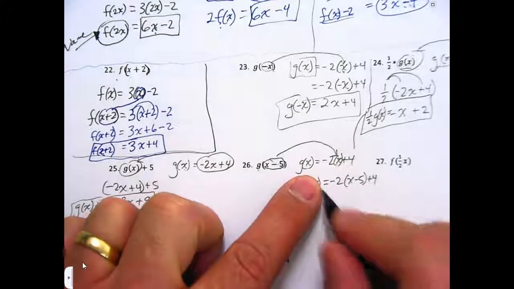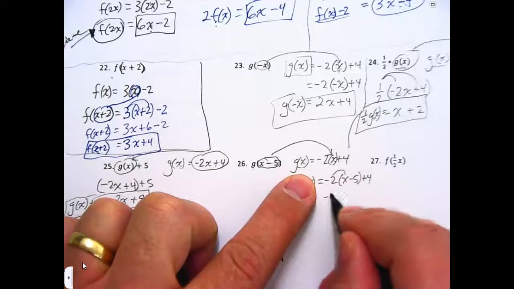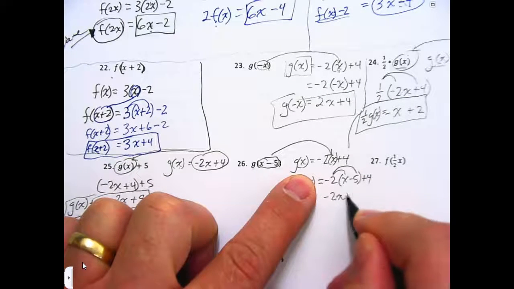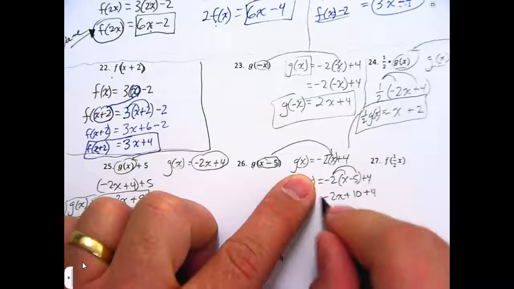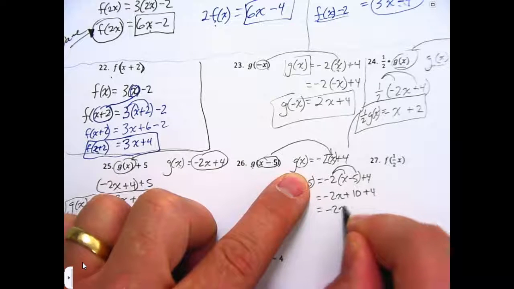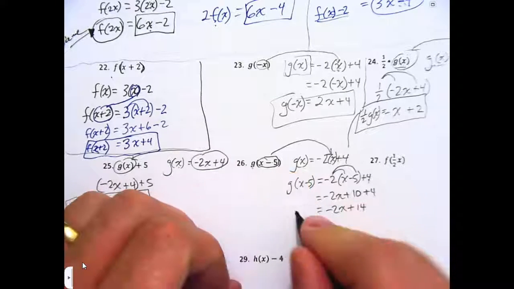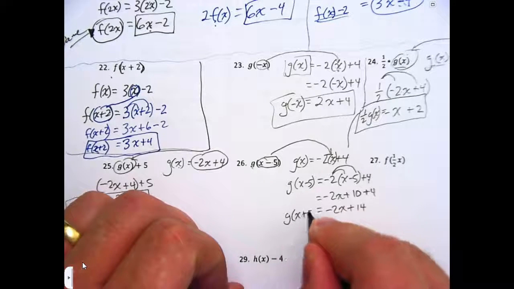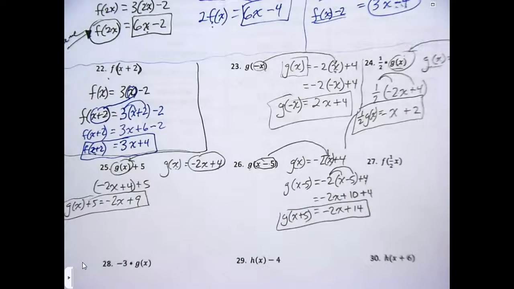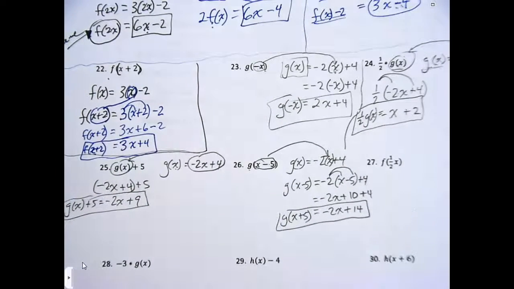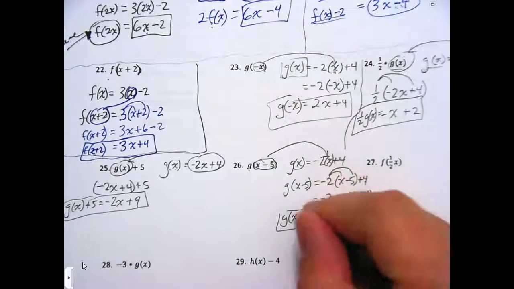Remember, this is a name here, so we'll kind of ignore it. We get negative 2x, positive 10, and then we just have the plus 4 at the end. We don't distribute that. So that's equal to negative 2x plus 14. Questions? Oh, I'm sorry. This should say g of x minus 5. Thank you, Jack.